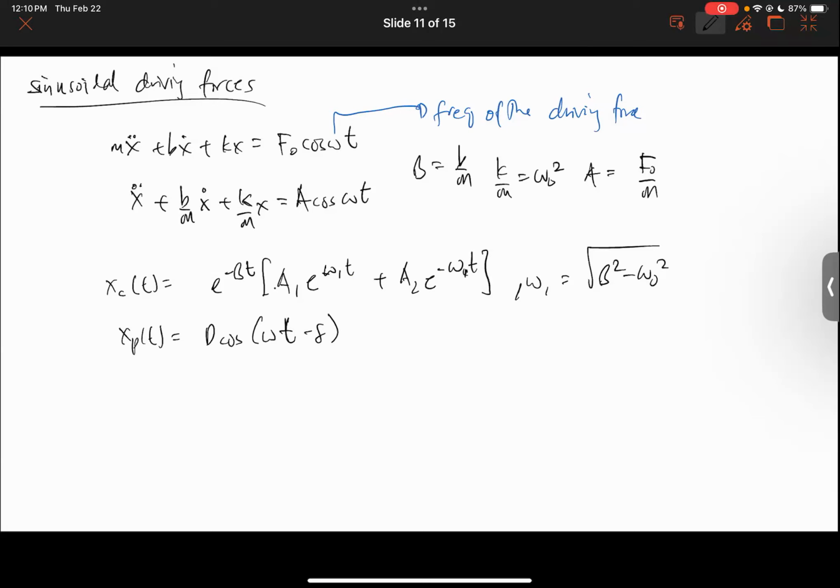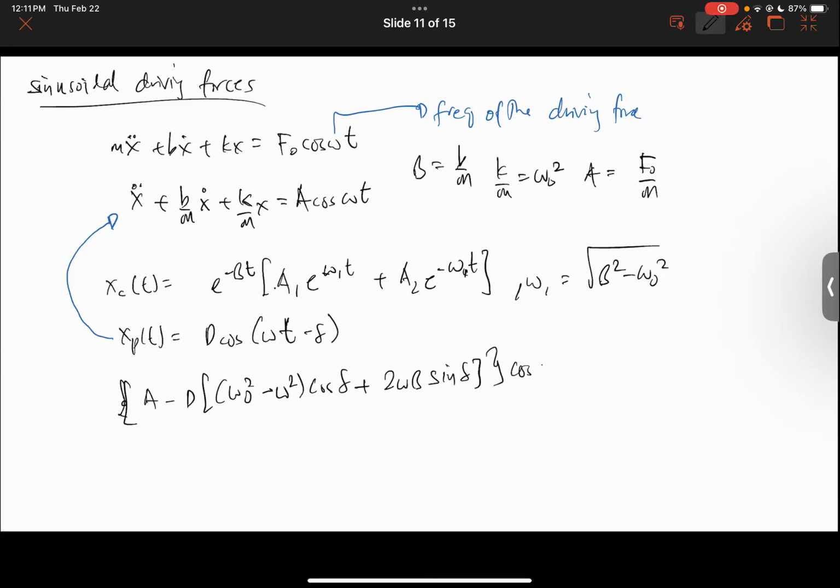Okay, what we get is this expression, okay, which is a minus d times omega naught squared minus omega squared cosine delta plus 2 omega beta sine delta, cosine omega t, minus d omega naught squared minus omega squared sine delta minus 2 omega beta cosine delta, sine omega t is equal to 0.